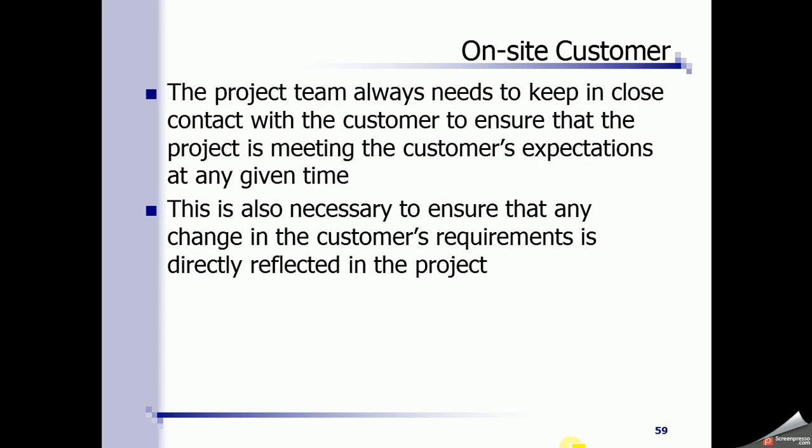The last guideline is on-site customer. The idea is that the project team always needs to keep in close contact with the customer. The project team should be in close contact with the customer to get the requirements, to know their expectations, and to discuss any changes which are required. So we call it end-to-end development.